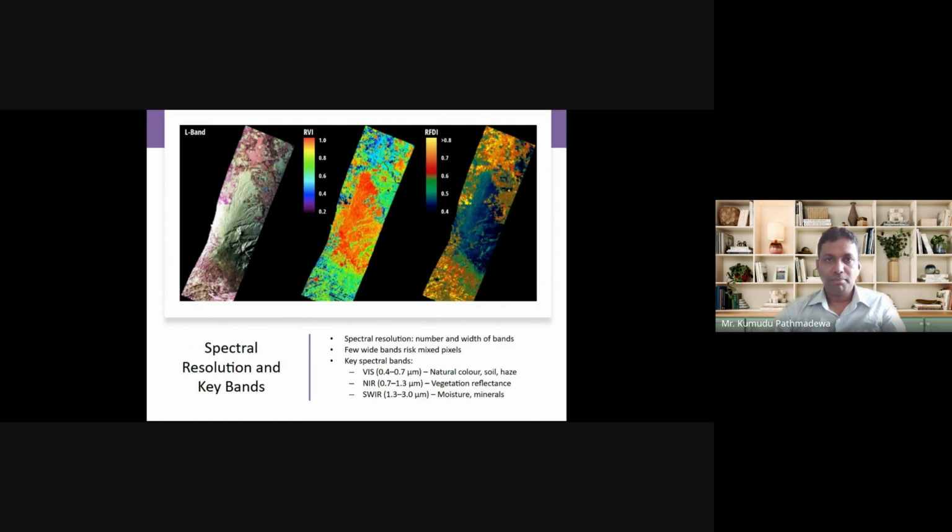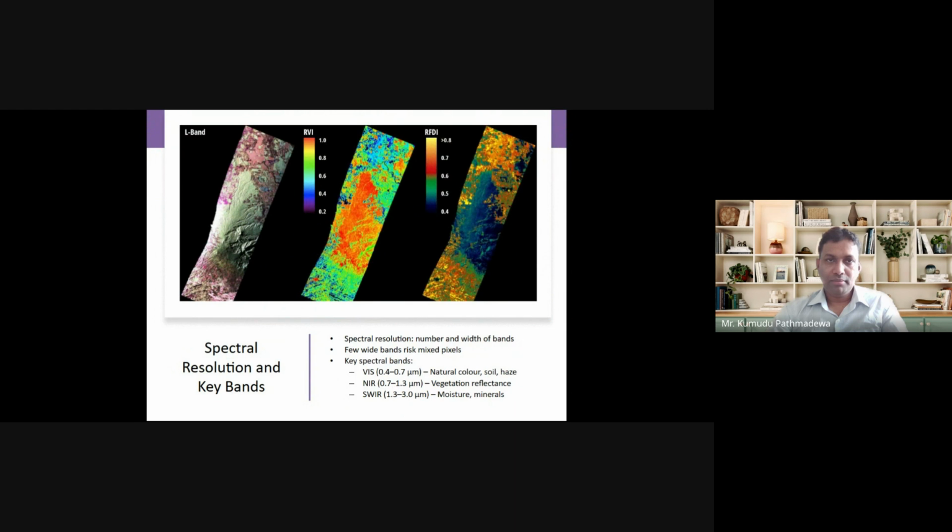Now the performance of multispectral sensors largely depends on its spectral resolution: how many bands it can record, and how wide or narrow they are. The key spectral regions include visible for natural color and soil information, near infrared for vegetation, and short wave infrared for moisture content and mineral detection.